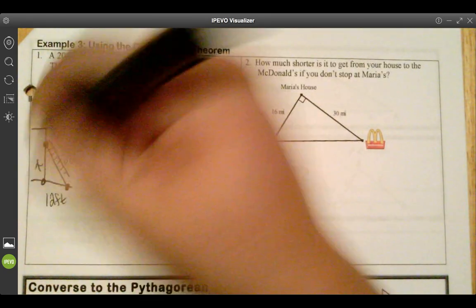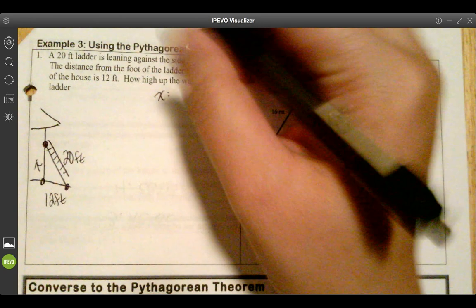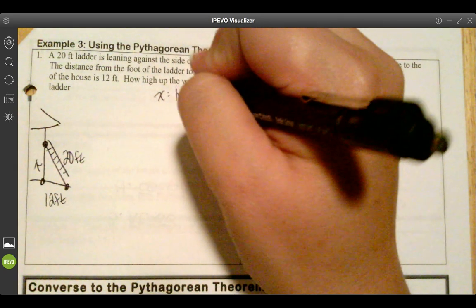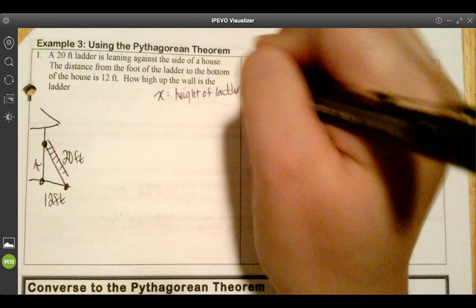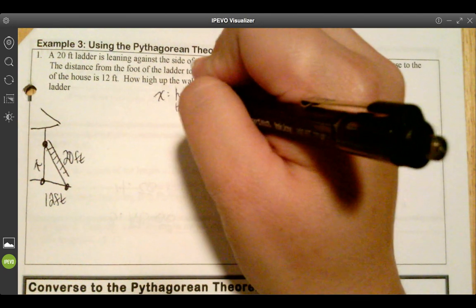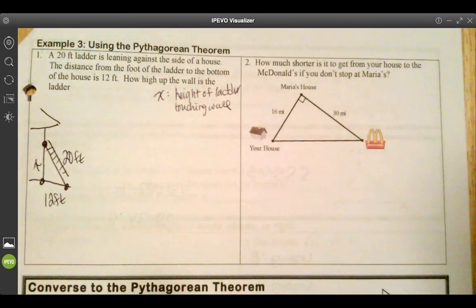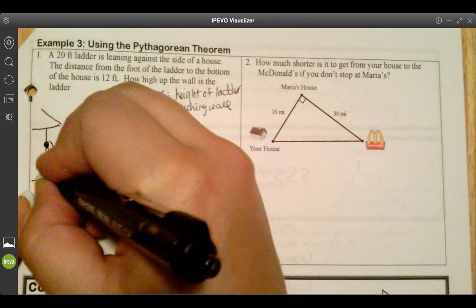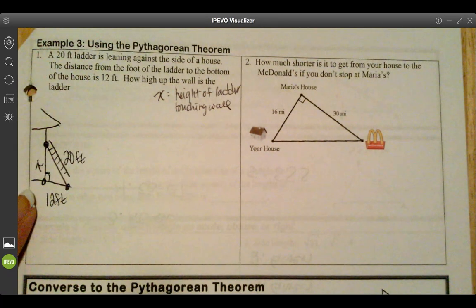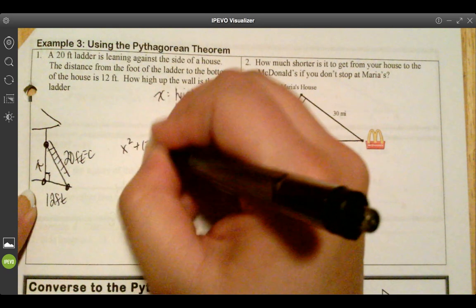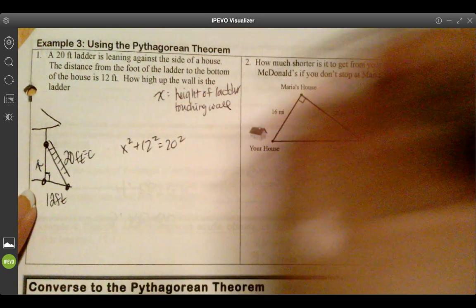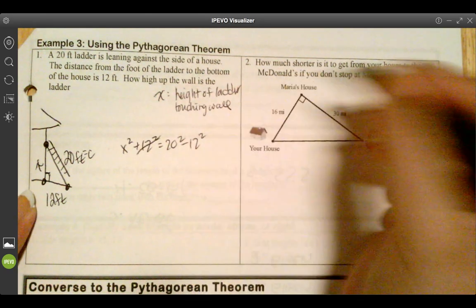So how high does the ladder lean against the wall? We'll call that x. X is height of ladder touching wall. So here, because houses are built straight up, this is a right angle. This will be my hypotenuse. X squared plus 12 squared equals 20 squared minus 12 squared.